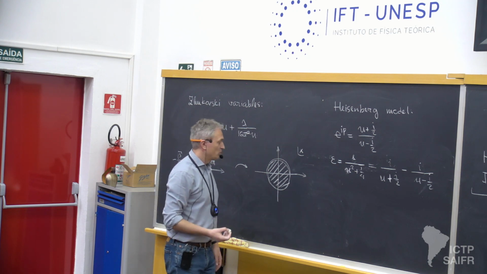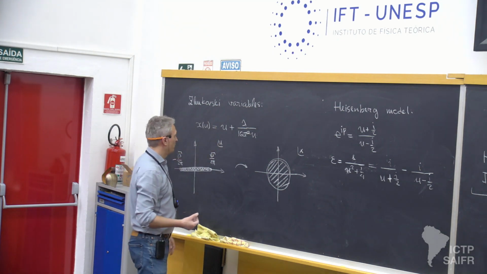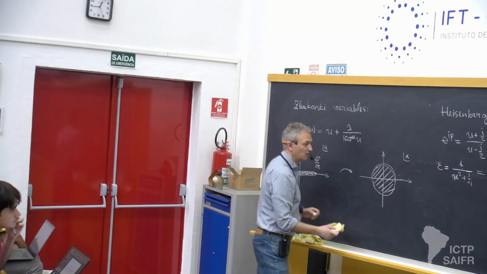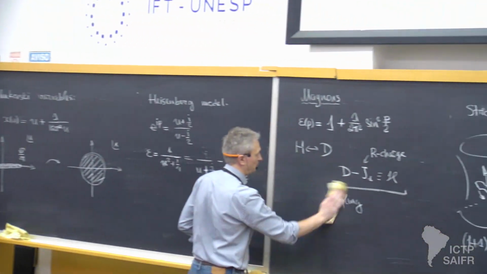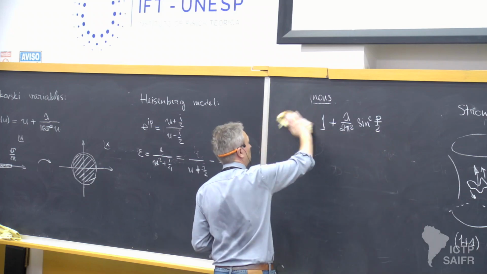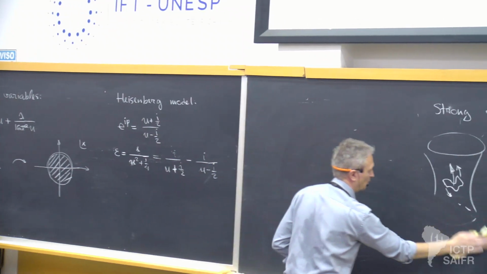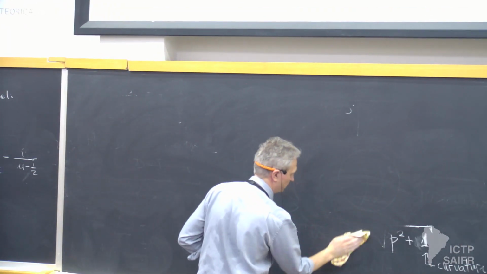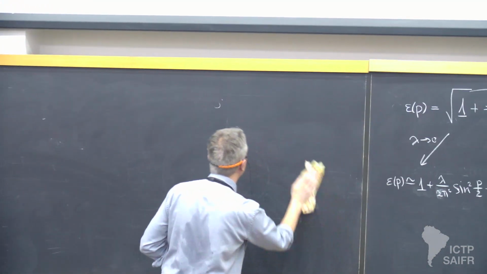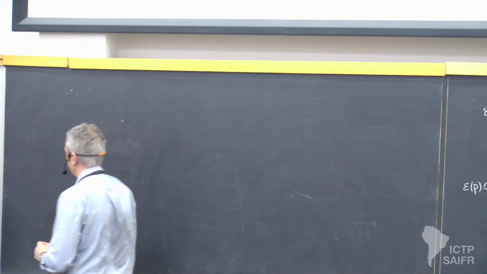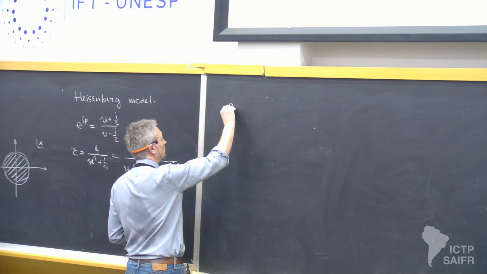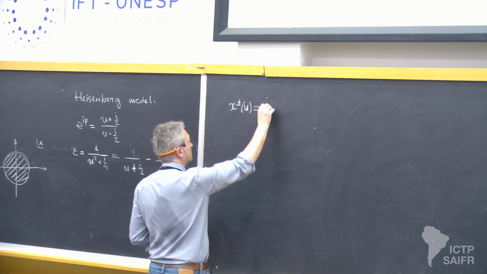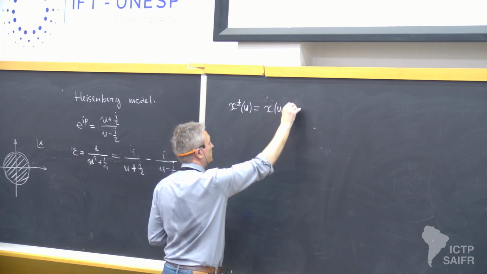And so to generalize it to all loops, we define these shifts for the x variable. We define x plus minus of u as x of u plus minus i over 2.